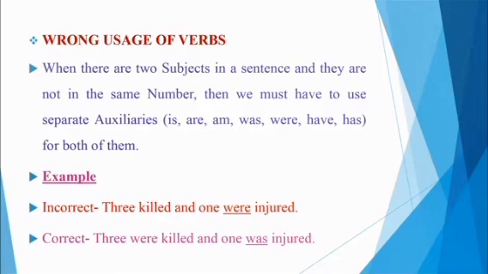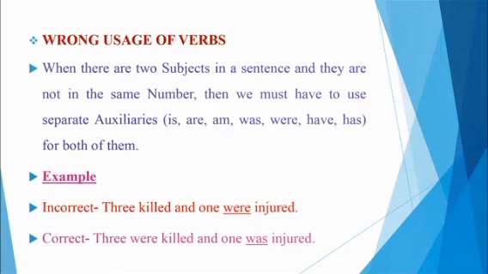When there are two subjects in a sentence and they are not in the same number, then we must use separate auxiliaries is, are, am, was, were, have, has for both of them.